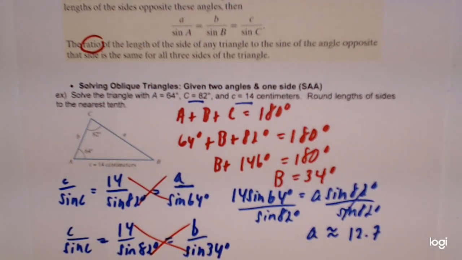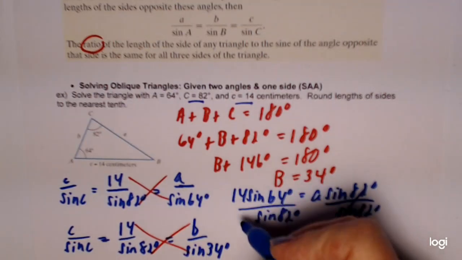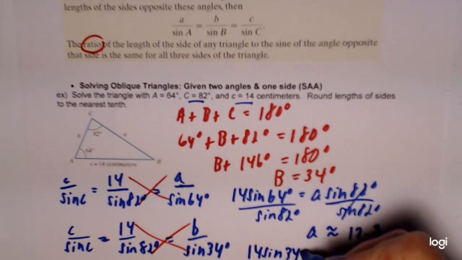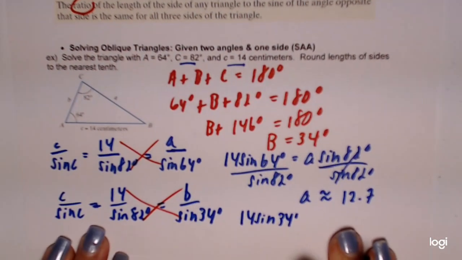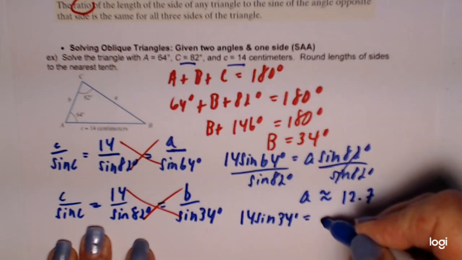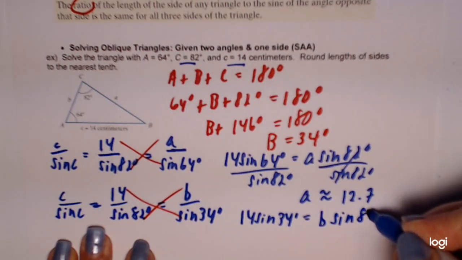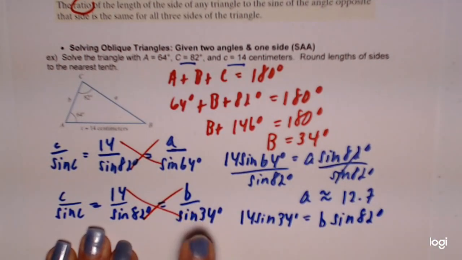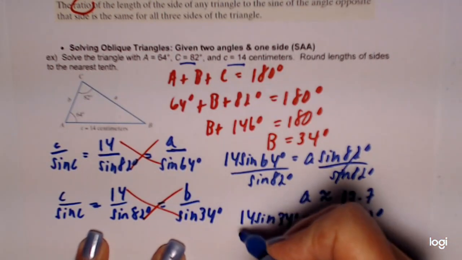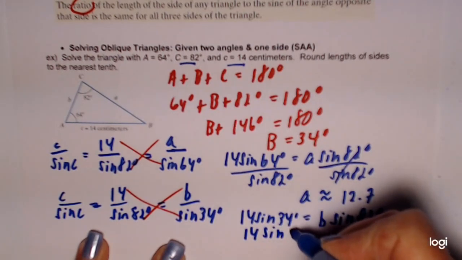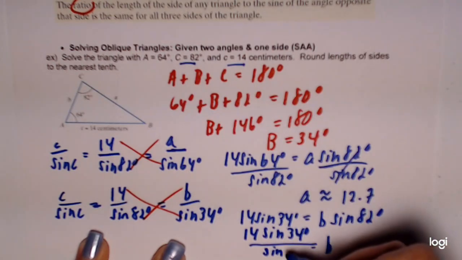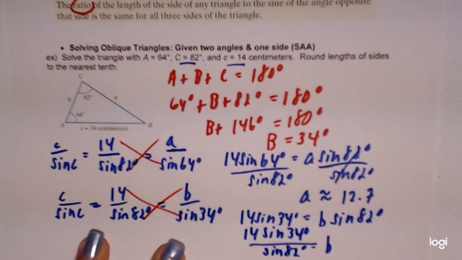And now we have here 14 sine 34 degrees is equal to B sine 82 degrees. So cross multiplication, and now B is going to be 14 sine 34 degrees all over the sine of 82 degrees.